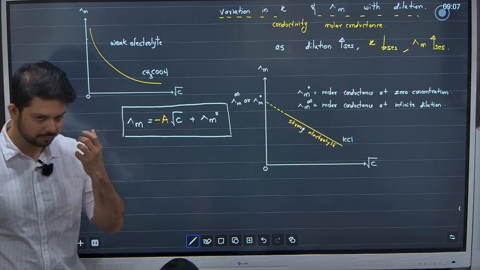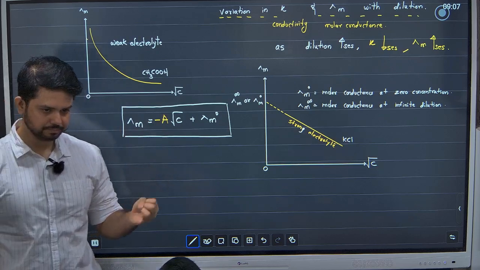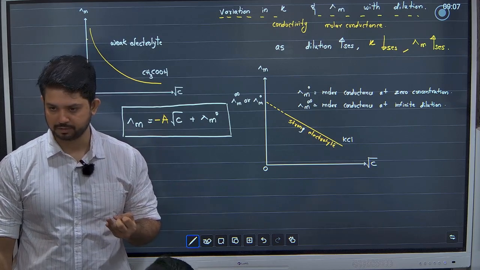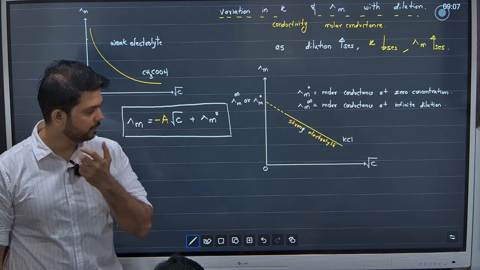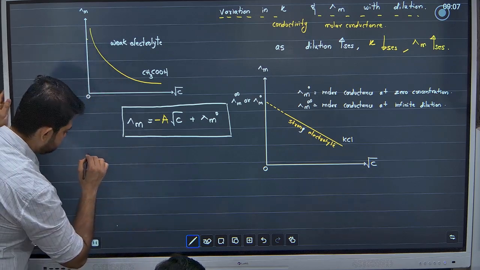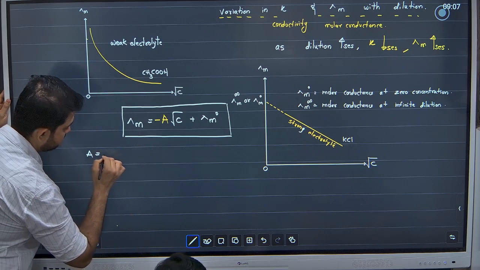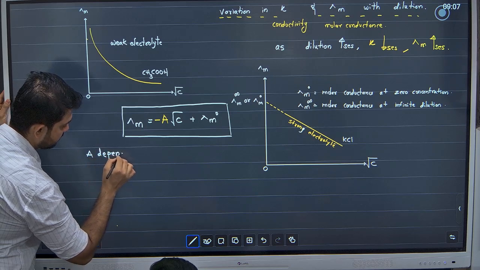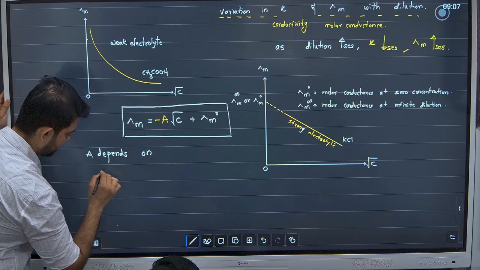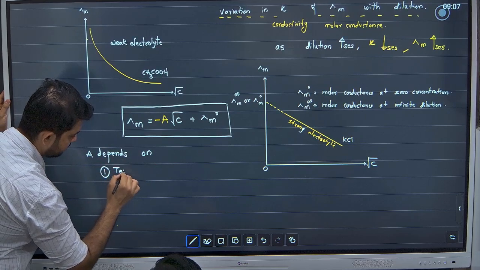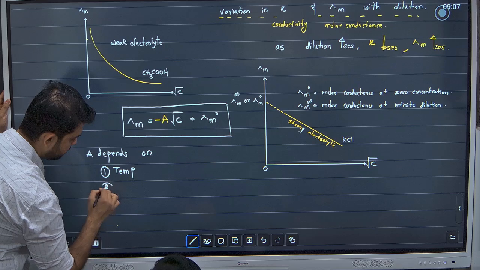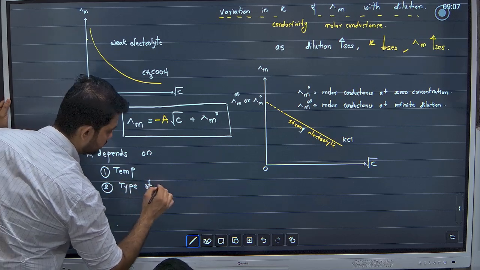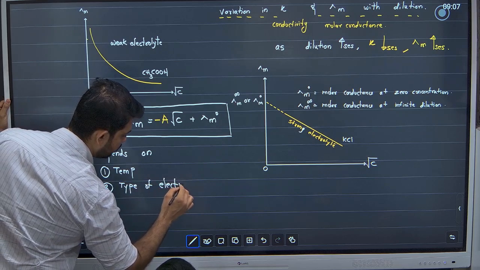A depends on temperature. It also depends on the type of electrolyte. I repeat, A depends on temperature. It also depends on the type of electrolyte.